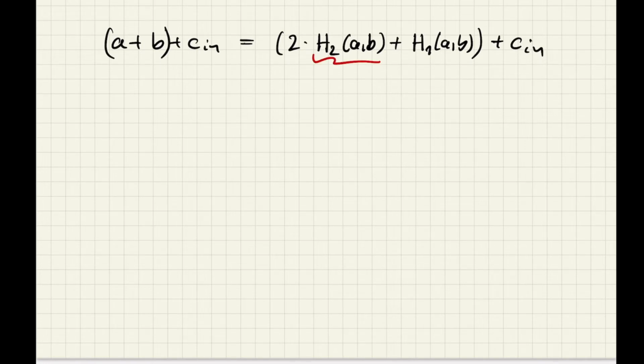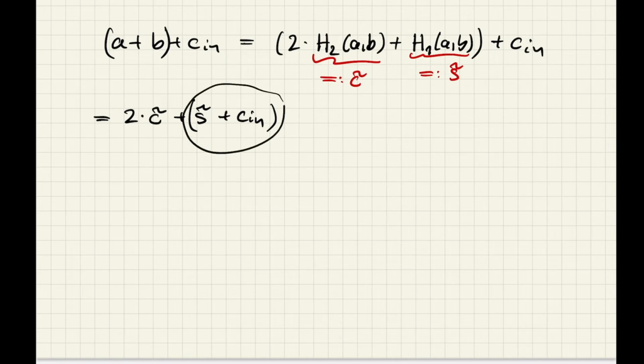This carry bit here will get the name c tilde, and this sum that we computed the name s tilde. And then I can rewrite this as 2 times c tilde plus s tilde plus c in and use parentheses like that. Then I have here the sum of 2 bits, so I can use again half adder.